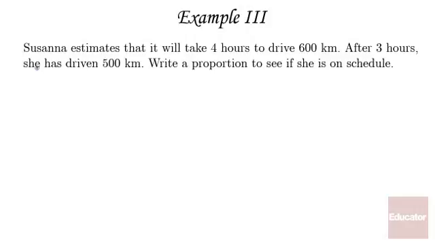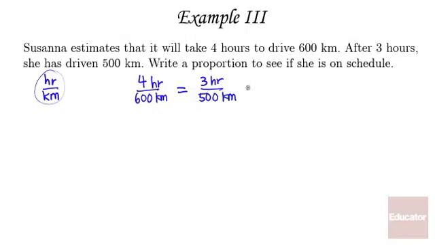So my word ratio, hours over kilometers. So it's going to be 4 hours over 600 kilometers. And we're going to see if this equals the same as 3 hours over 500 kilometers.